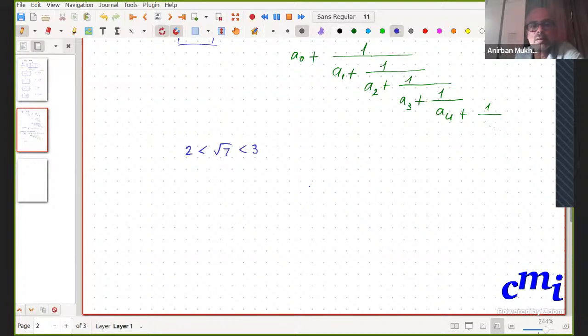So the integer part of this number, a0, should be 2. So let's write square root of 7 as 2 plus x.